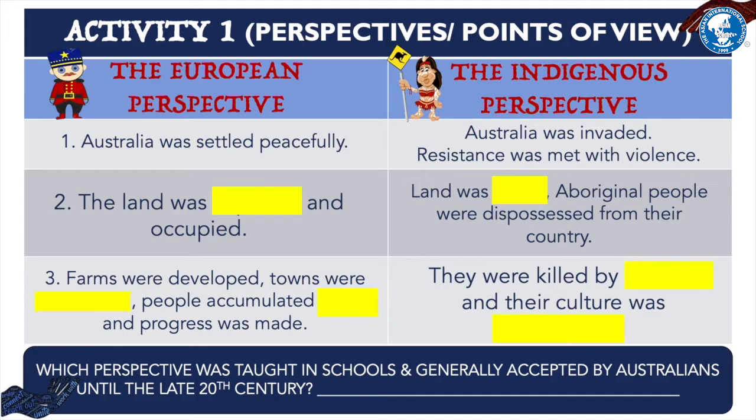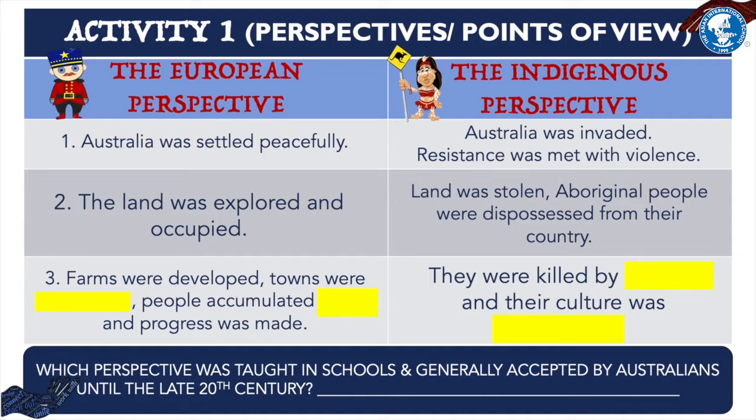Okay, next, number 2. The land was explored and occupied, but for the Aboriginals, their land was stolen and Aboriginal people were dispossessed from their country. Okay, next, number 3.